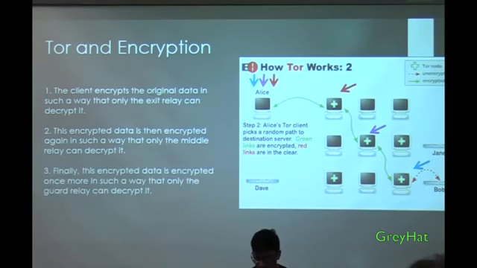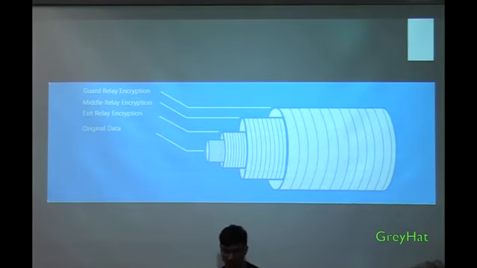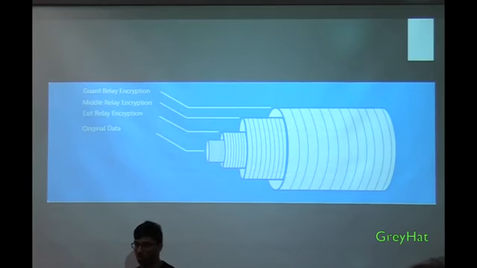And then finally, outside of that, we encrypt the data that was created from the first two steps so that any data going from my client to the entry node is encrypted, so no one who intercepts between that will really understand what the data is or the fact that I'm trying to go to a middle relay. And this idea of layers of encryption is why we call it Tor, or an onion routing protocol.